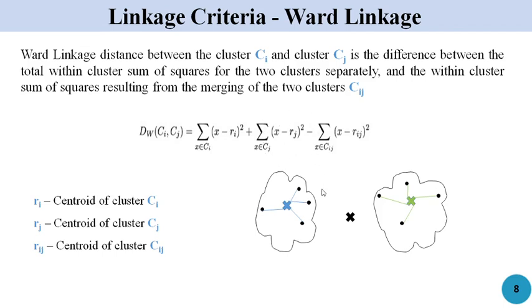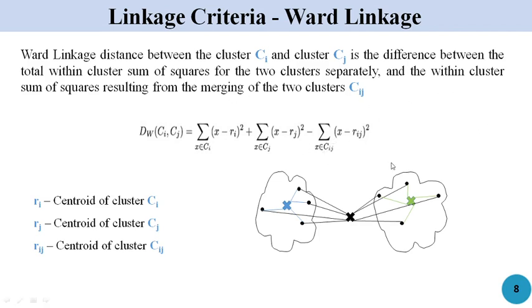And finally, we will consider that we are merging these 2 clusters together. Once we merge the 2 clusters, we will get just one cluster and we represent the center of that cluster as Rij. Now we find the distance of each and every point from cluster Ci and cluster Cj to this center Rij, find the square of these distances and sum it up, which will be represented by the third term here.